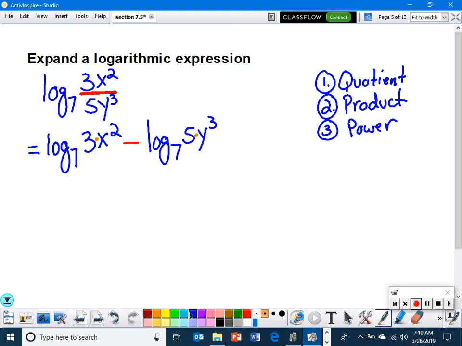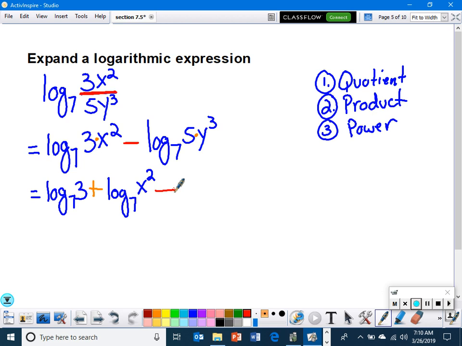All right, here we go. So now that becomes log base 7 of 3 plus log base 7 of x squared minus.